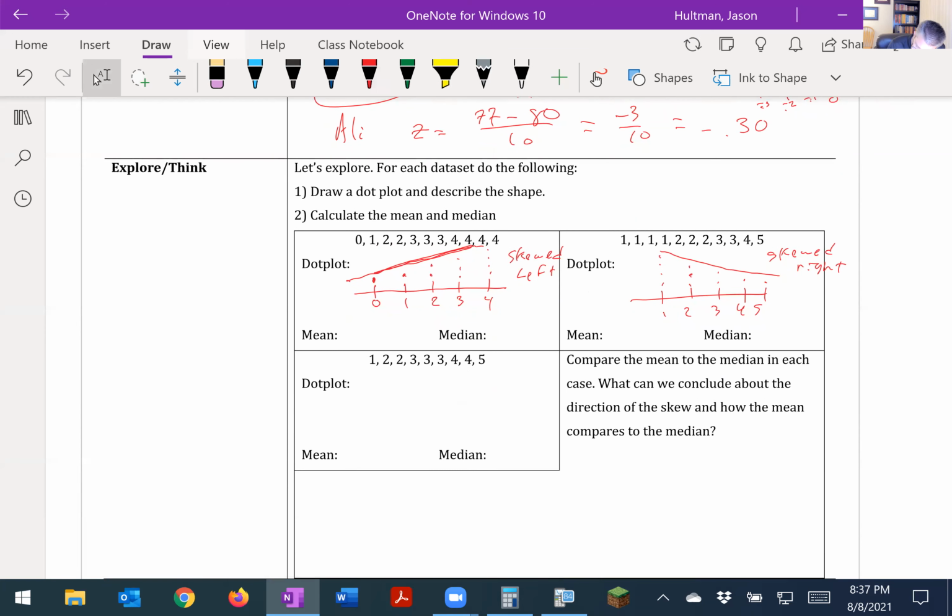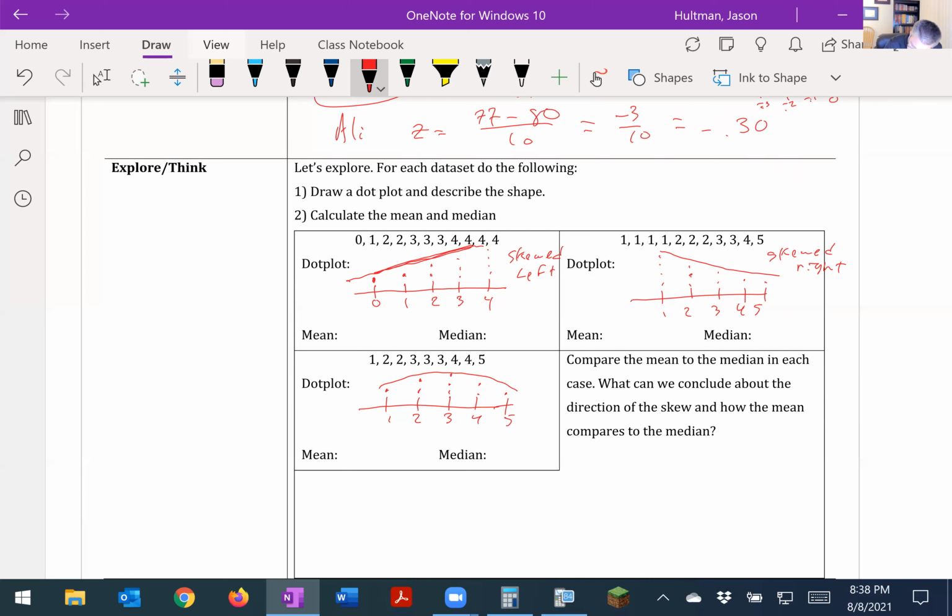And then what about this dot plot here? This guy is 1, 2, 3, 4, 5. So we have 1, 1, 2, 1, 2, 3, 1, 2, and 1. And that's basically symmetric.